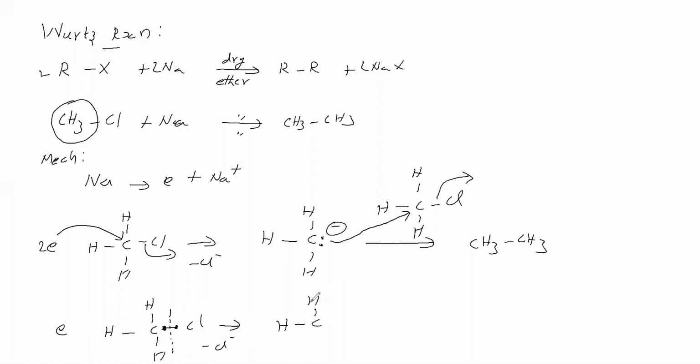This is a CH3 dot, that means a methyl free radical. It reacts with another methyl chloride. This C dot makes this bond go for homolytic cleavage. This dot and this dot combine to become CH3-CH3, ethane. So we will get ethane.